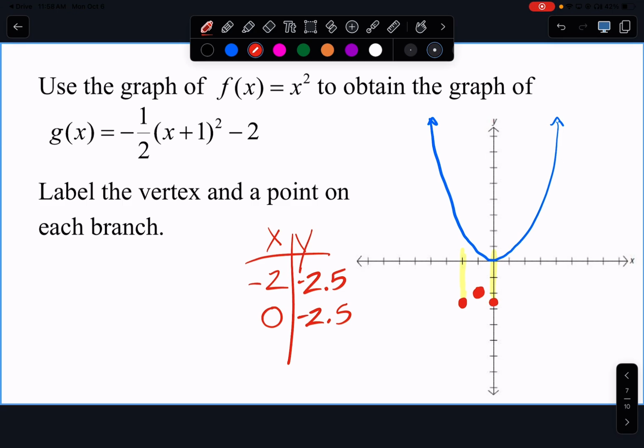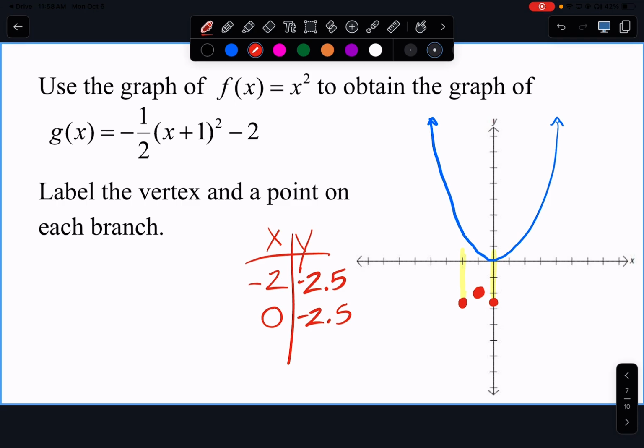Okay? If that doesn't satisfy you having those really little ones, if you want to do another one, we could just go to the next marking. So it would be negative 3, right, which actually works pretty well on this one. So negative 3 plus 1 is negative 2. Negative 2 squared is positive 4. Positive 4 times negative 1/2 is negative 2.